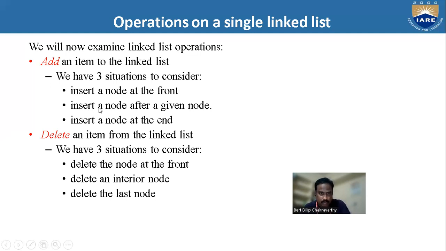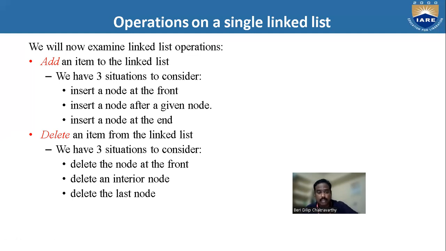If you observe the second point, insert a node after a given node: I'm giving a position, and there I'm trying to insert. These are the three ways we need to consider while inserting.